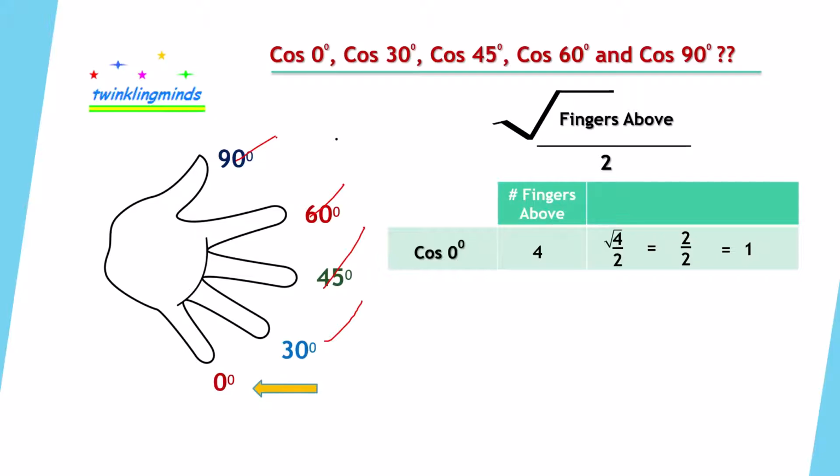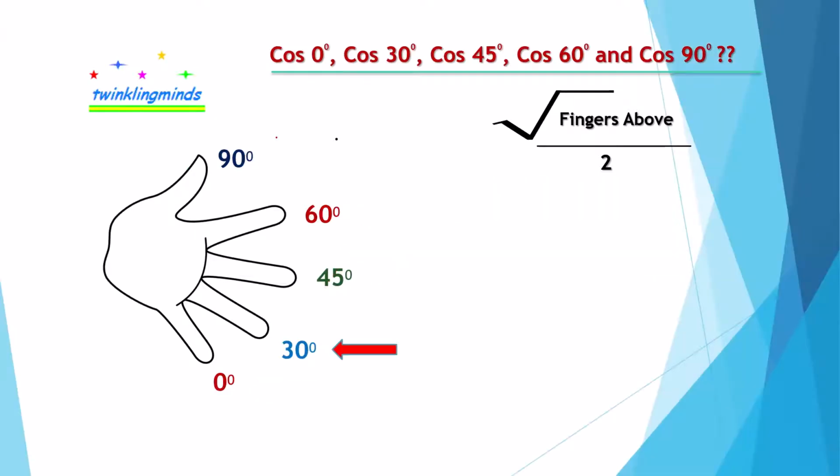Let us move to the next angle, 30 degrees. How many fingers above now? 3, right? So 45 degrees, 60 degrees, and 90 degrees.